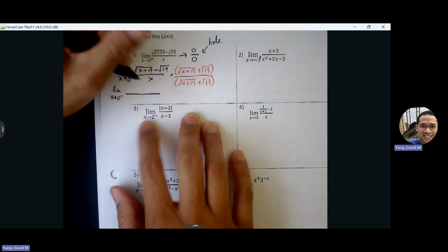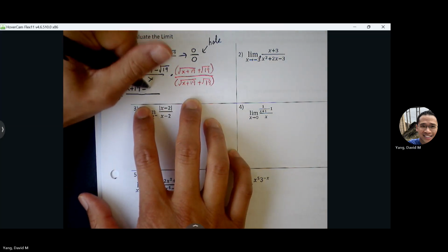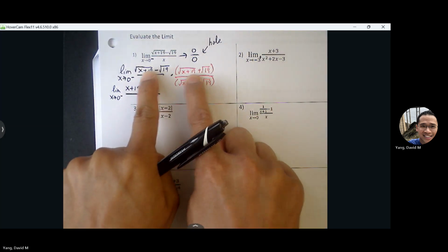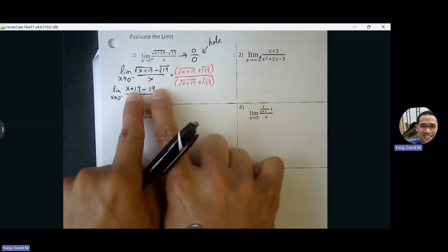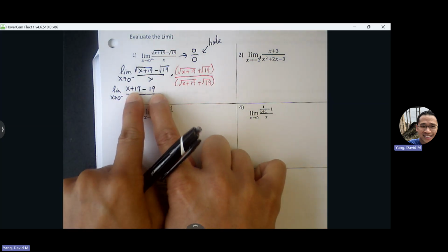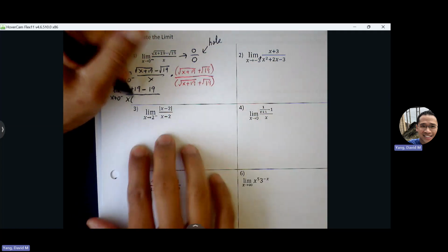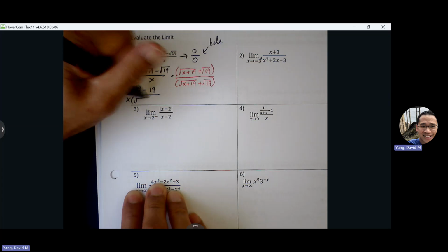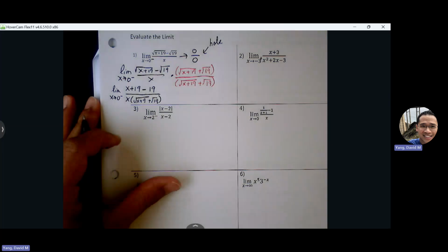FOIL out. Multiply the first pair together. Multiply the second pair together. The middle pairs will just drop out, so you don't have to worry about them. And then don't expand your denominator. The x is ready for you to pair up and cancel out. So don't distribute the x through.